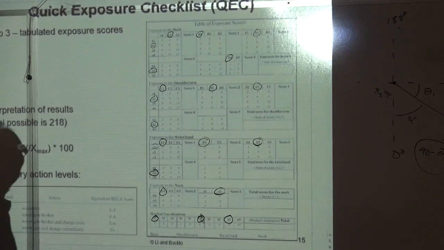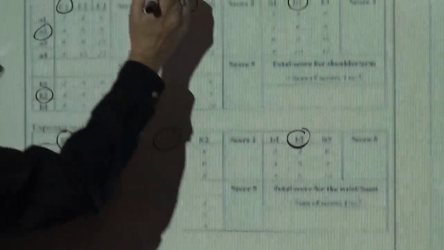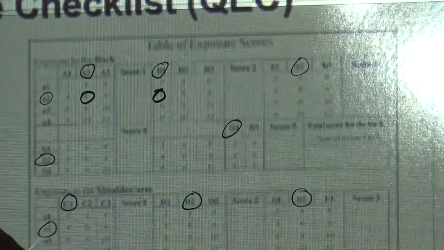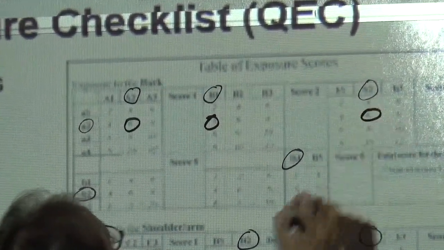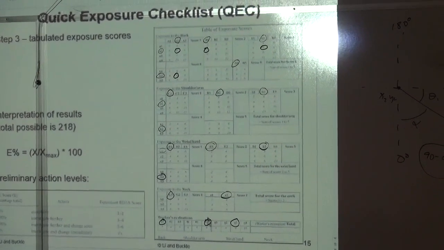Okay, so what do we do for our scores? Find the intersections of everything. Actually, what I should do is I'll do those intersections in another color.